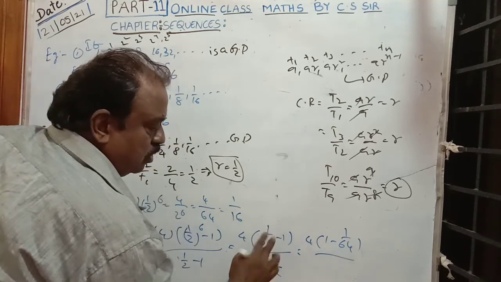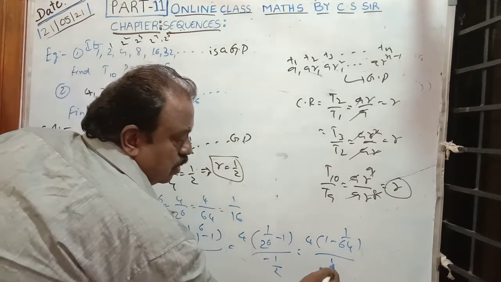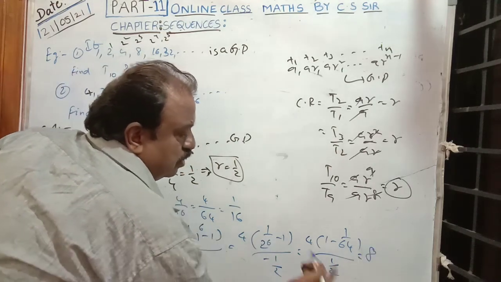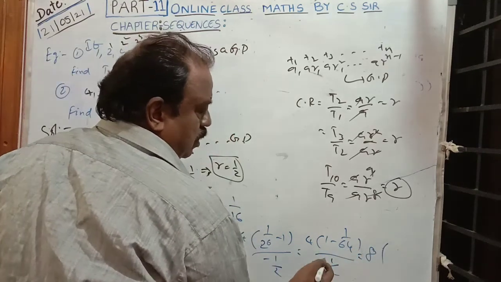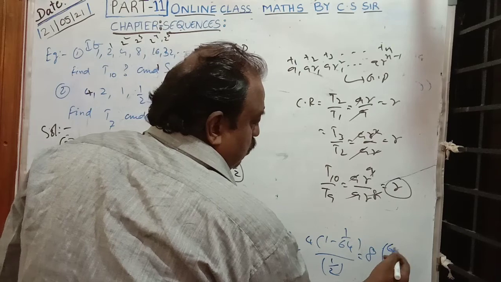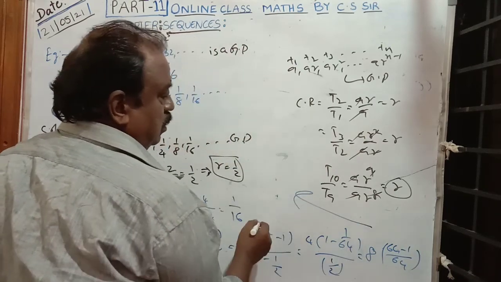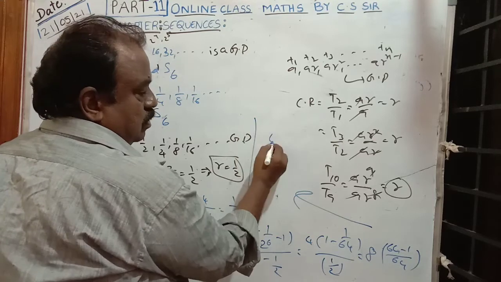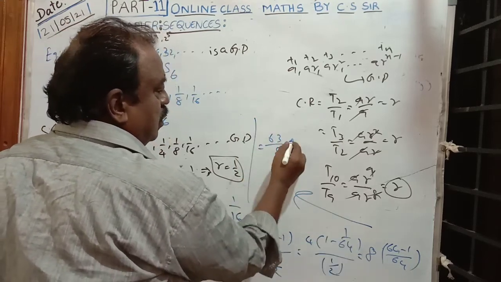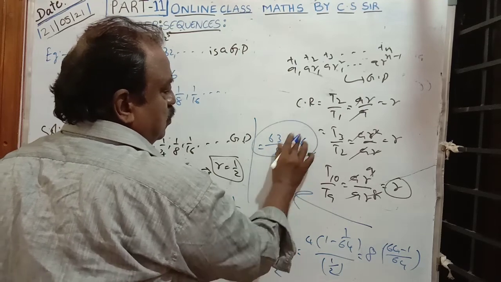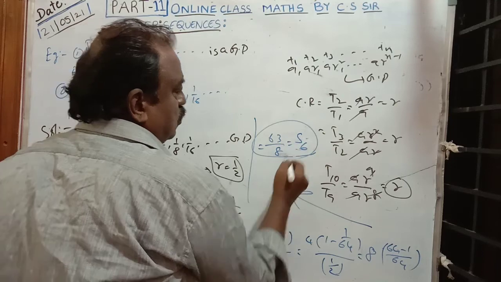I am interchanging, minus and plus. It is 8 of 64 minus 1 by 64, so it is 63 by 8. So this is S6.